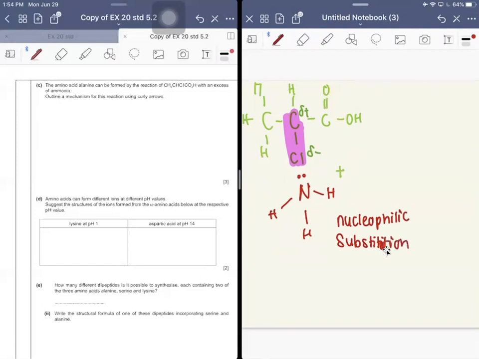When the lone pair on the nitrogen attacks the slightly positive carbon, the carbon-chlorine bond will break.